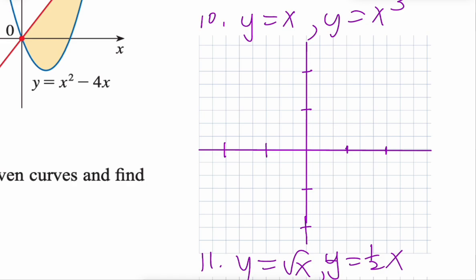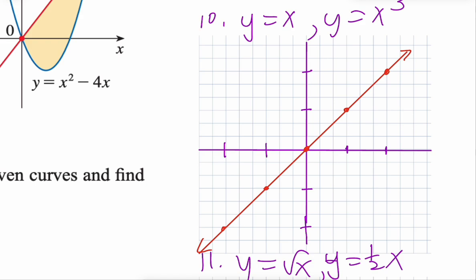So first let's draw our line. So that's your line y equals x, slope of 1 goes through the origin.